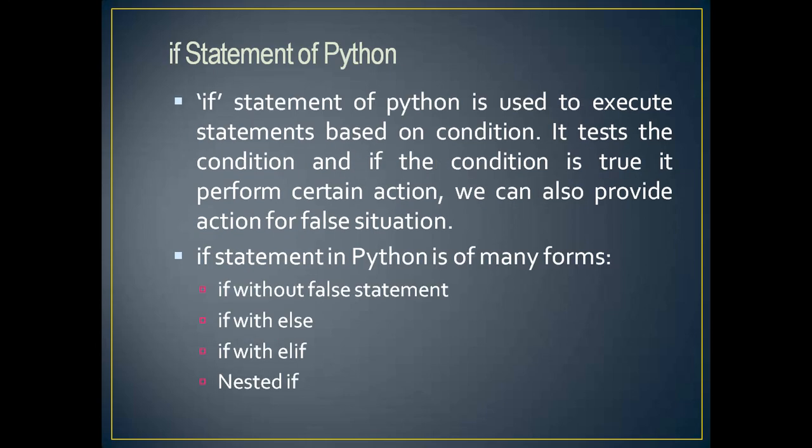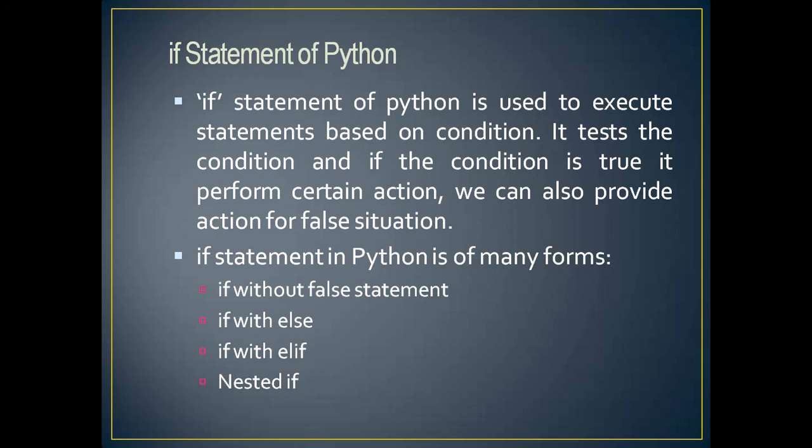So the first one is the if statement. The if statement of Python is used to execute statements based on a condition. It tests the condition, and if the condition is true, it performs a certain action. We can also provide an action for the false situation. So if is a keyword used with some condition, which may be true or false. The if says if the condition is true, what is to be done.